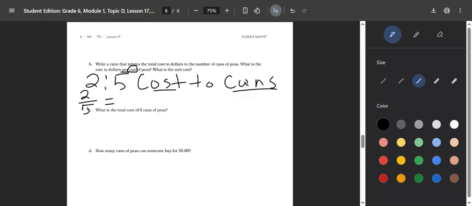So we can't say it costs 2/5 of a dollar. So we got to change that to a decimal. So 2/5 is equal to 4 tenths. And 4 tenths is written like that to make it money, make it go to the hundredths place, put your dollar sign. So the cost per can is 40 cents per can.